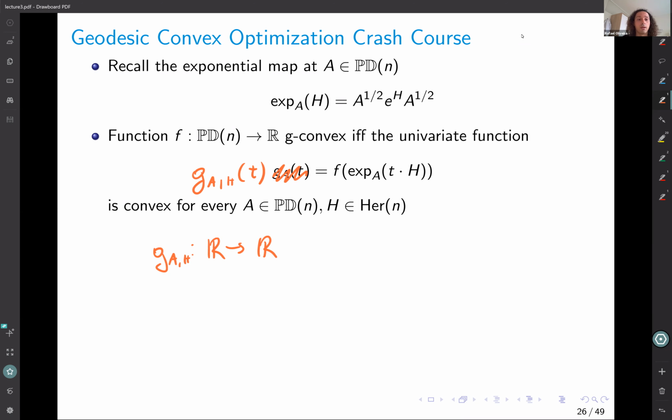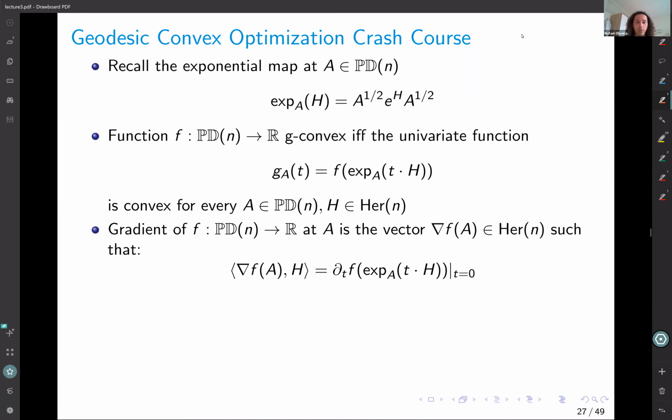Okay, and now how do we compute the gradient of a function from the space of positive definite matrices? If you remember, the tangent space at every point of the positive definite manifold is the set of Hermitian matrices, right? So our gradient will also be a vector of the dual space of the Hermitian matrices, which, if you take the dual, you can identify with Hermitian matrices.